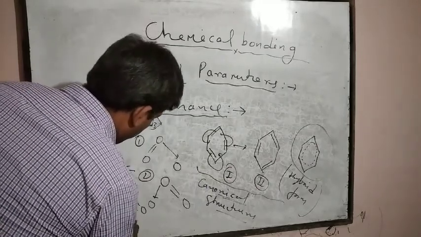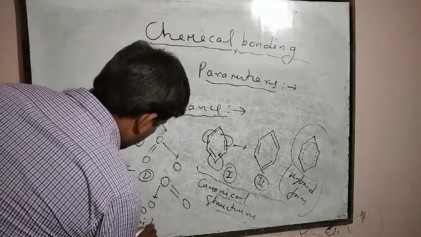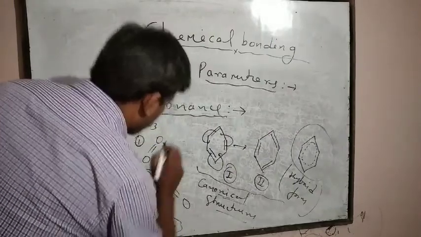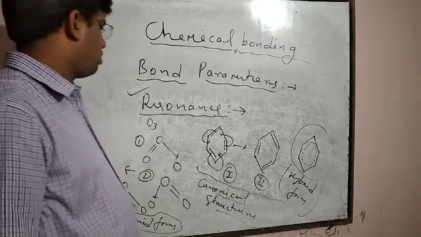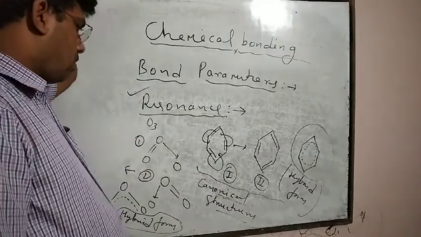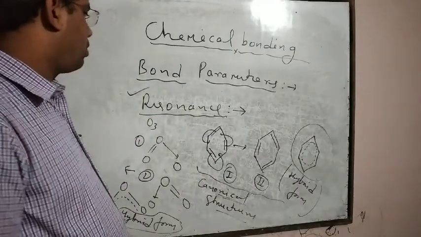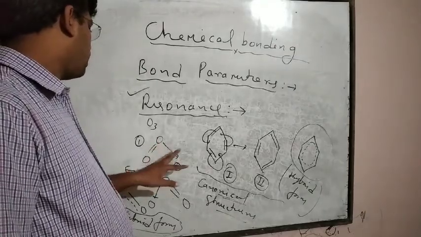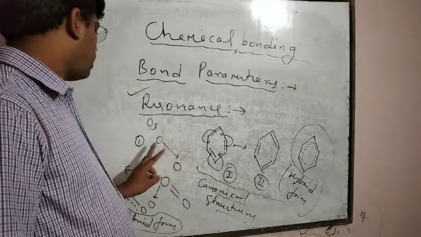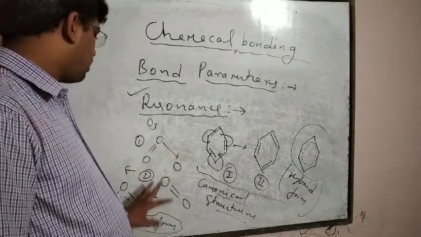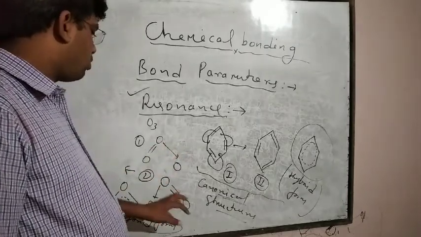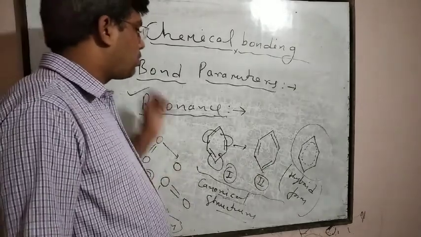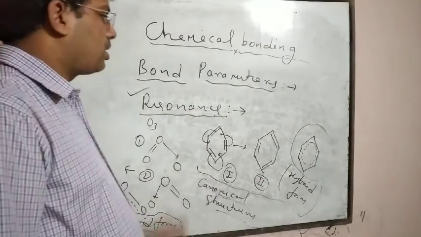This one is the hybrid form. In this way, shifting of bond takes place from one place to another. These are resonating structures, also known as canonical structures.